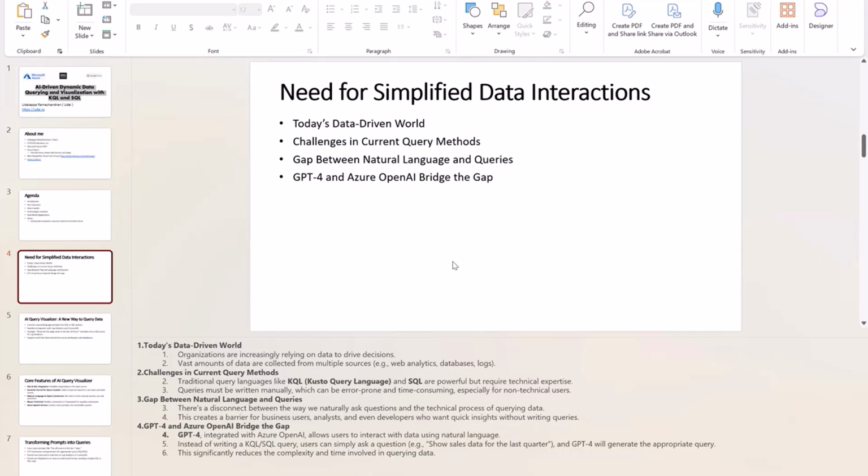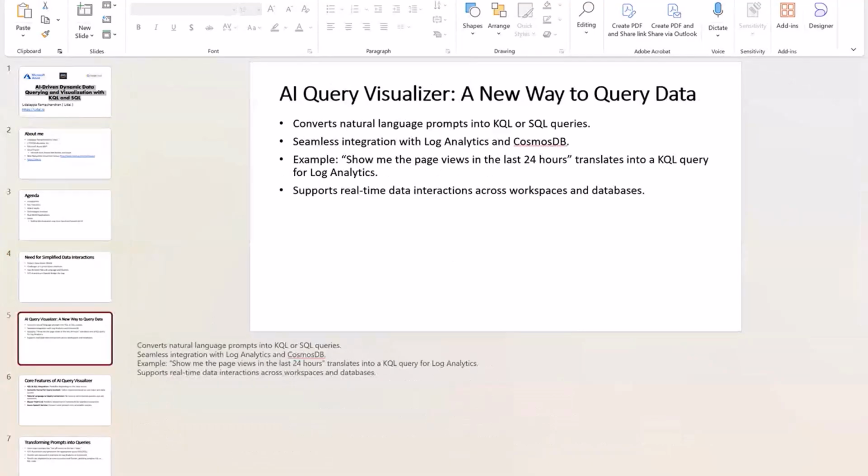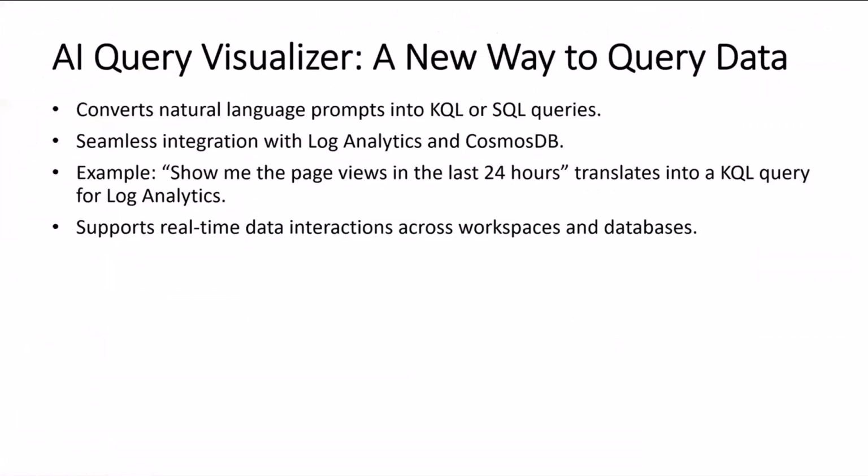It removes the complexity involved in querying the data. So that's a new way to query the data, right? This converts natural language prompts into KQL or SQL queries. It's a seamless integration that you're going to see today, with Log Analytics and CosmosDB. For example, show me the page views in the last 24 hours, right?